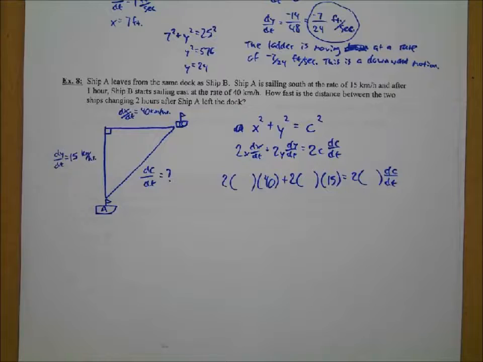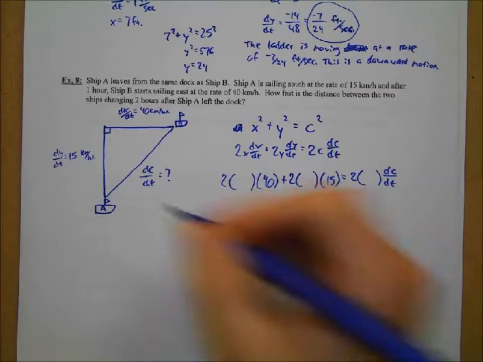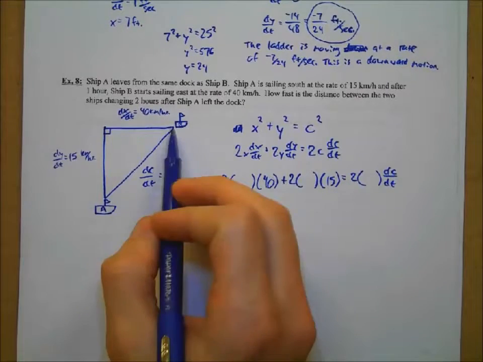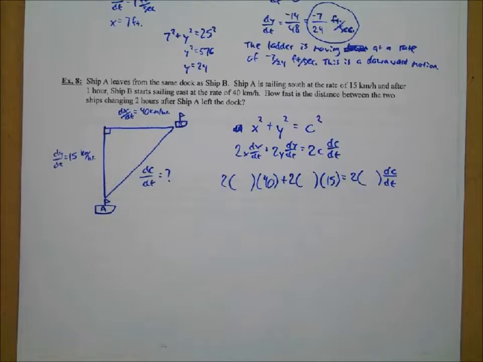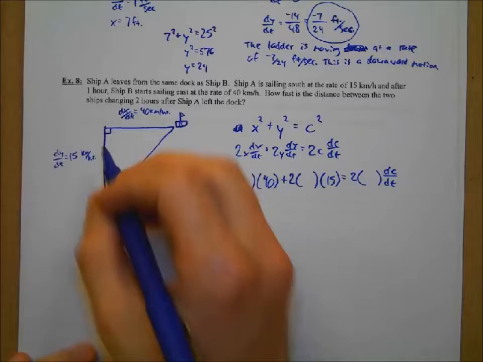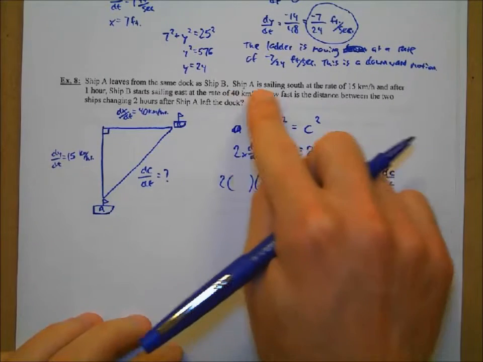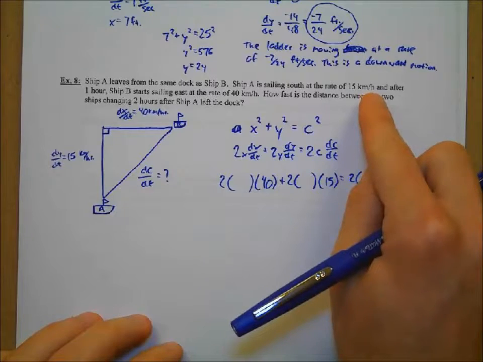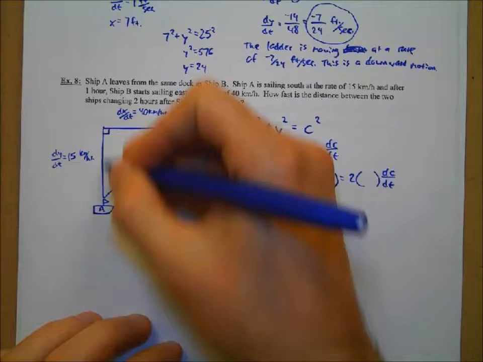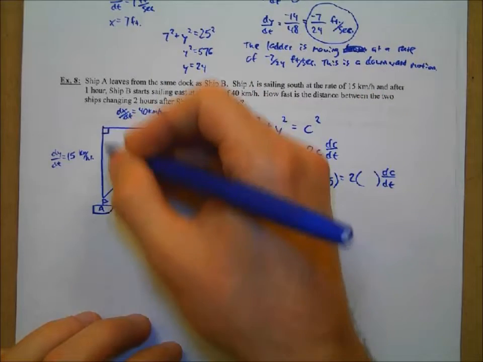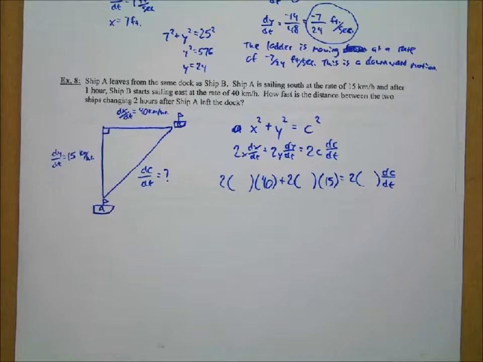So let's focus maybe on this x first. For x, I have to figure out ship B. Actually, it might be easier to figure out ship A's distance first. Okay, so ship A is sailing south at the rate of 15 kilometers per hour. How far away is ship A from the dock? 30.